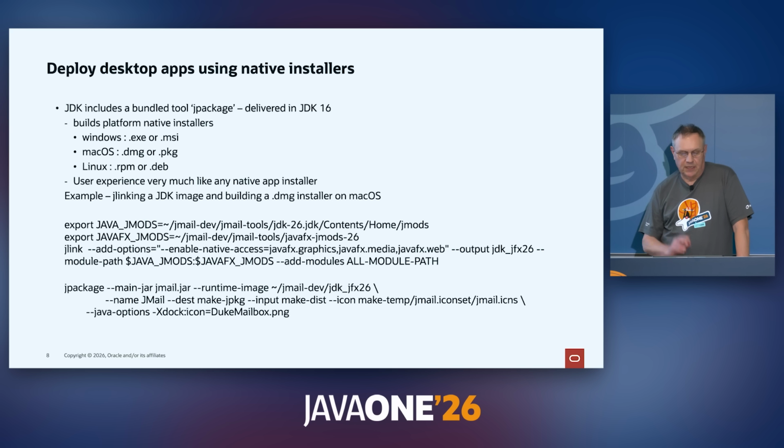is added because, since JDK 24, JavaFX is not part of the JDK, not a trusted module, so you will get a warning when you try to use JavaFX, or in fact any library that uses native code that is not part of the JDK itself.